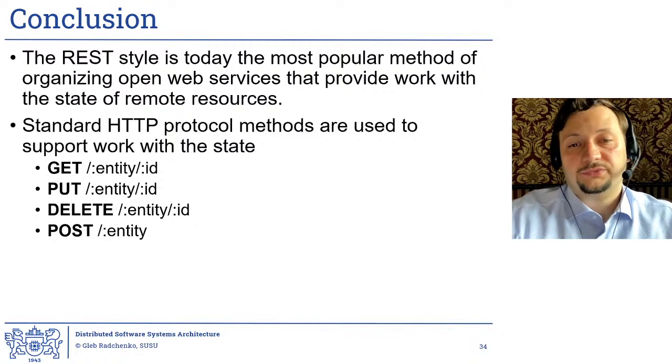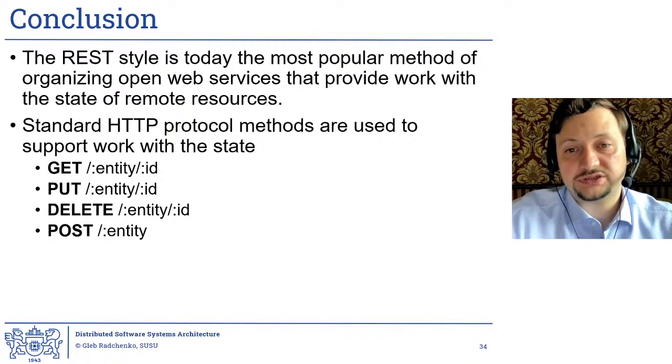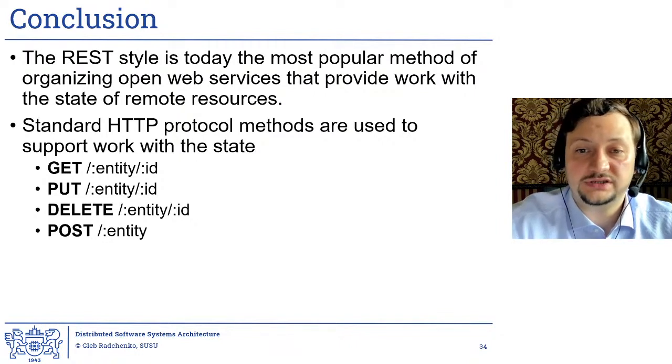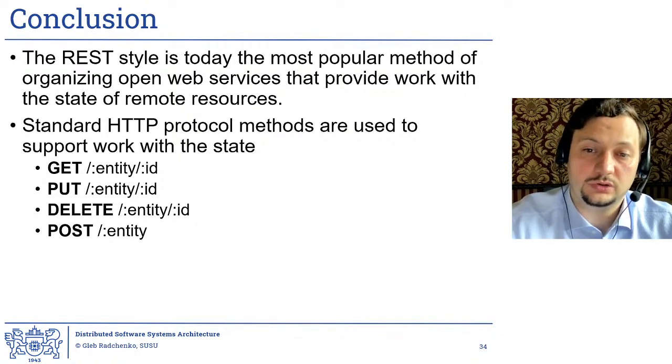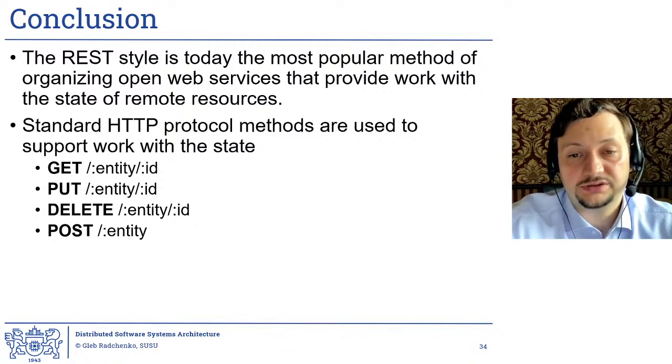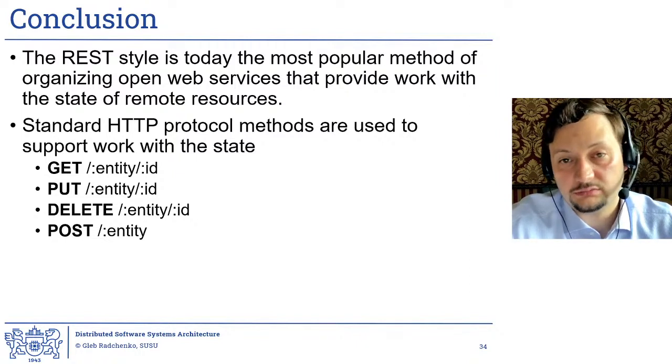So now, the conclusion. The REST style today is the most popular method of organizing open web services that provide work with the state of the remote resources. Standard HTTP protocol methods are used to support work with the state.